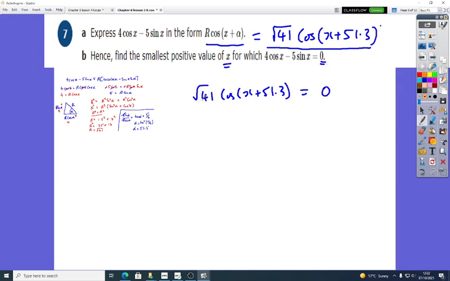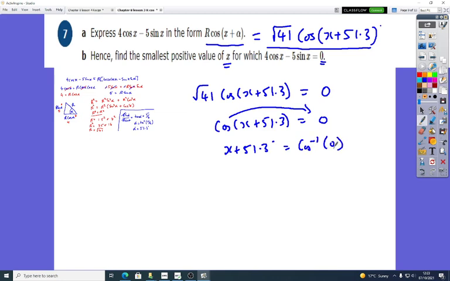Divide both sides by root 41, you get cos(x plus 51.3) equals 0. Then take the cos to the other side, x plus 51.3 equals cos inverse of 0. And if you do inverse cos of 0, you should get 90.